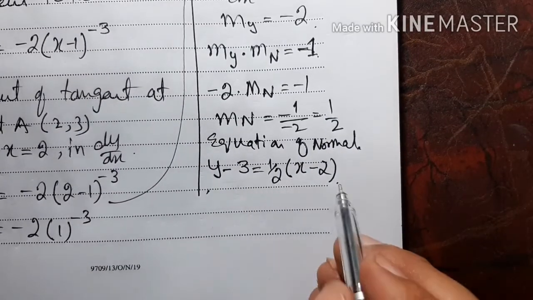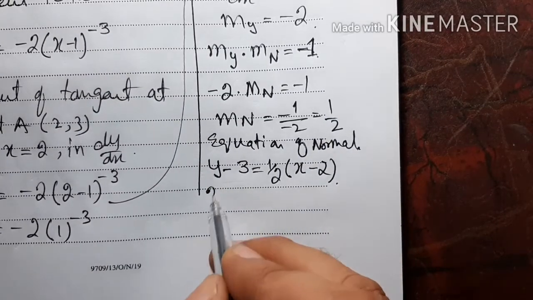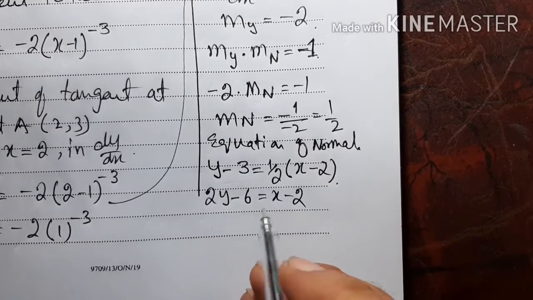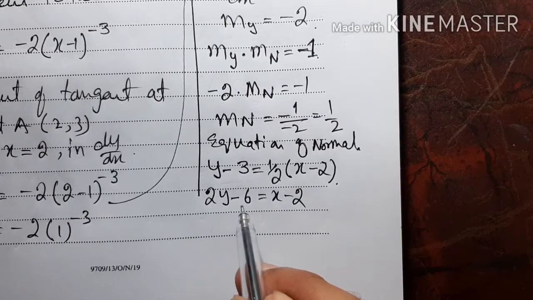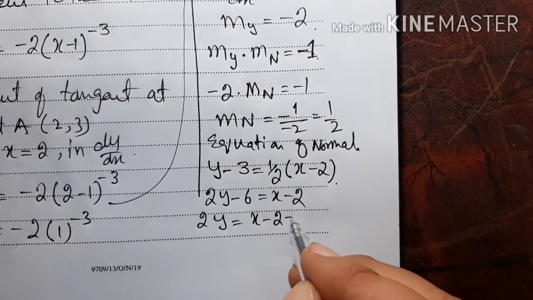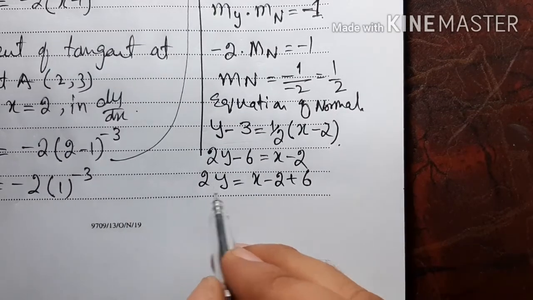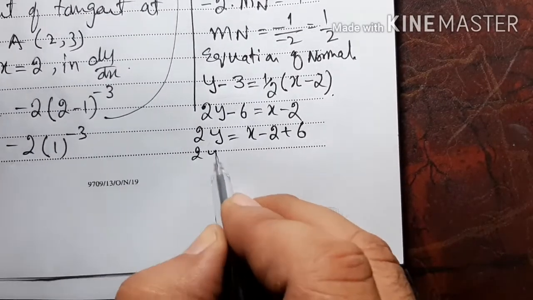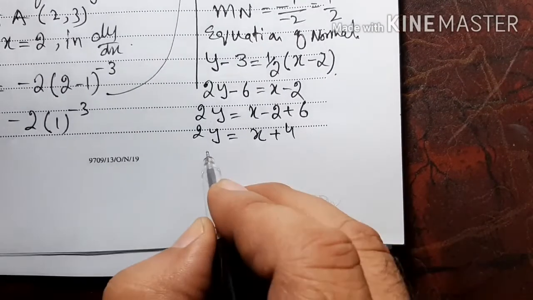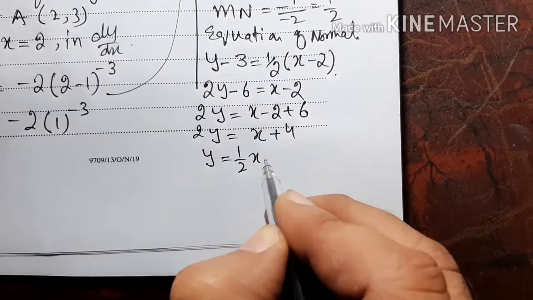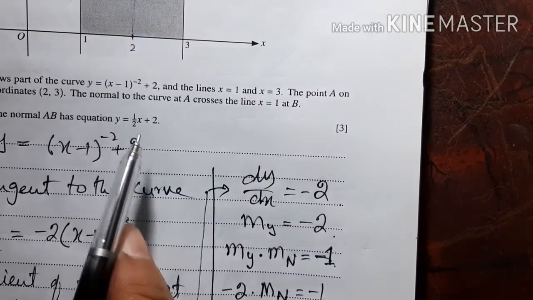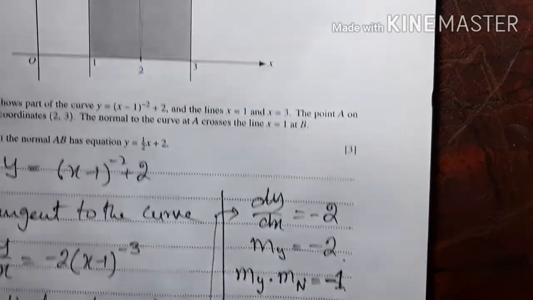Now after simplification, 2y − 6 = x − 2. So this can be written as 2y = x − 2 + 6, and 2y = x + 4, or y = 1/2 x + 2. This is the equation of the normal, y = 1/2 x + 2.